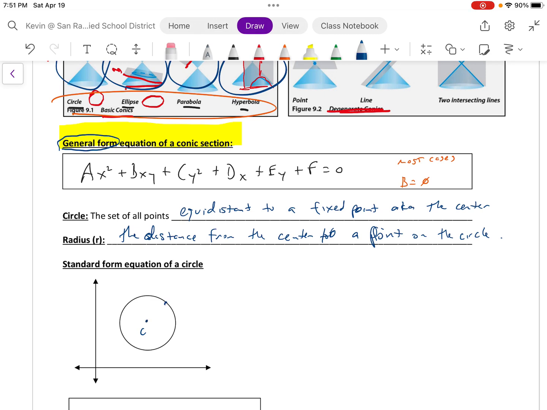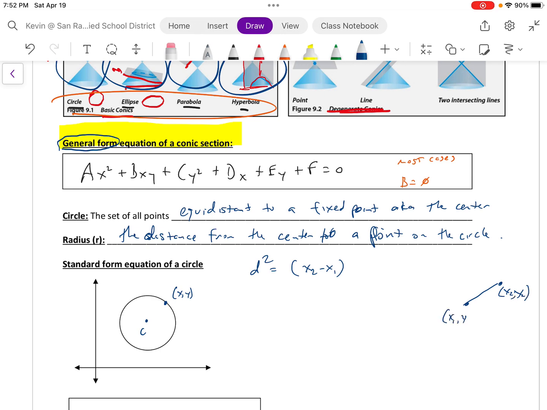Okay, and the standard form. So the standard form equation of a circle is based on the distance formula. So again, we have our center here. We have this x and y, and the distance formula we know is d squared equals x sub 2 minus x sub 1 if we're taking the distance between any 2 points.